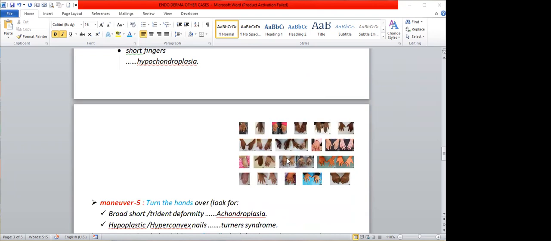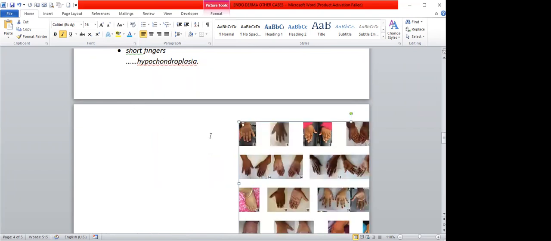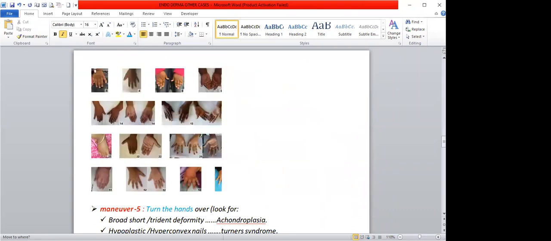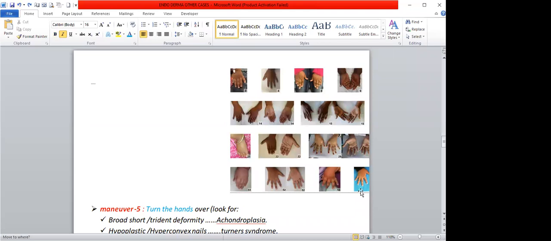Okay. Now, in this picture, again, I have included, I am just trying to enlarge this one. Just a minute. So here you can see different types of hand findings actually.